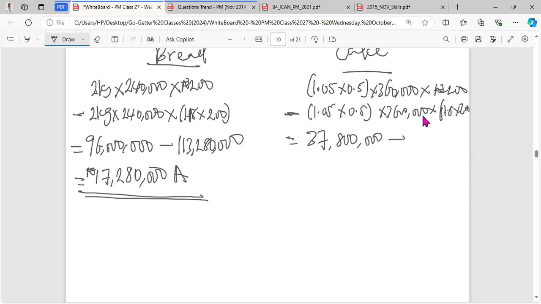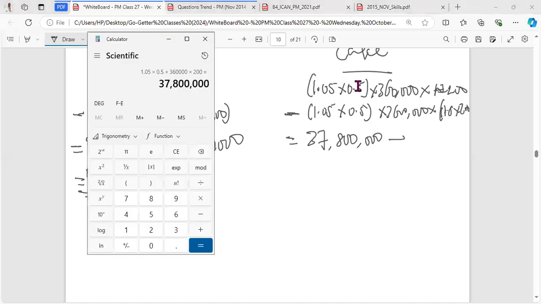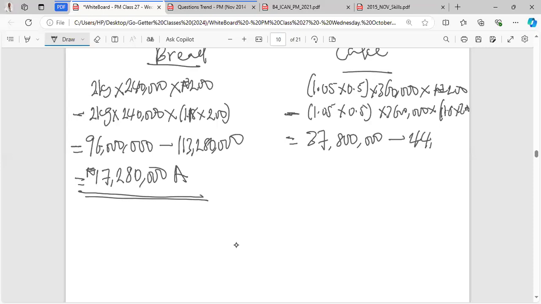Now, everything we did here is the same thing we are doing here. The only difference, we will just multiply by 1.18. That gives 44,604,000.